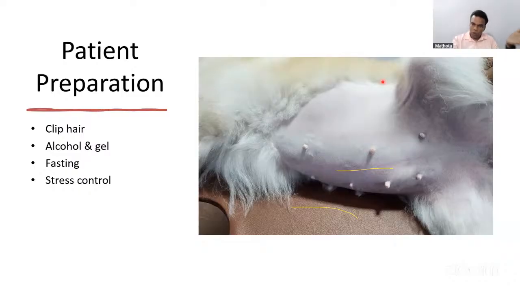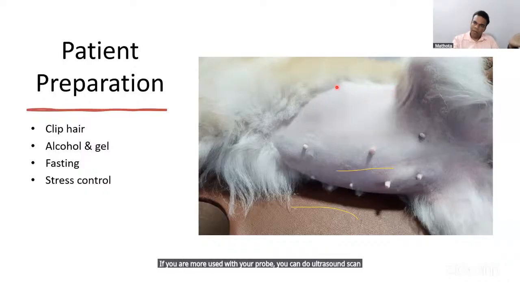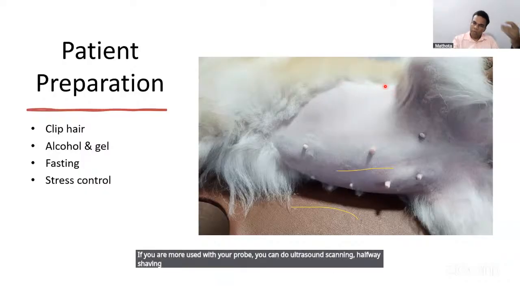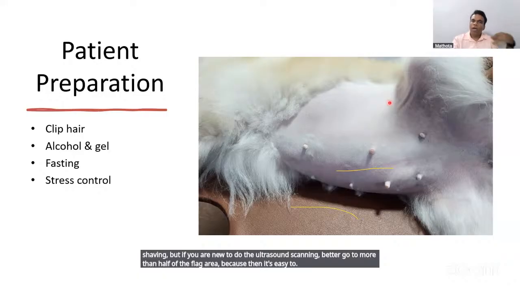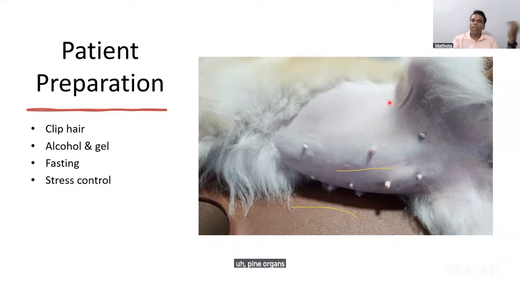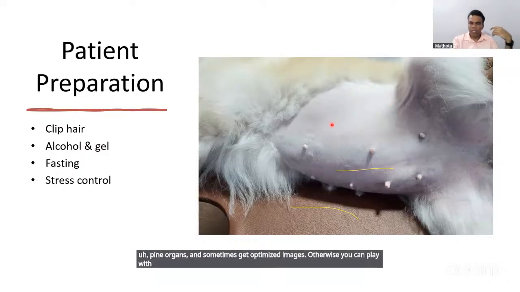If you are more used to your probe, you can do ultrasound scanning with halfway shaving. But if you are new to ultrasound scanning, better go up to more than half of the flank area, because then it's easy to find organs and sometimes get optimized images. Otherwise, you can play with this flexible skin and pull it and get images.